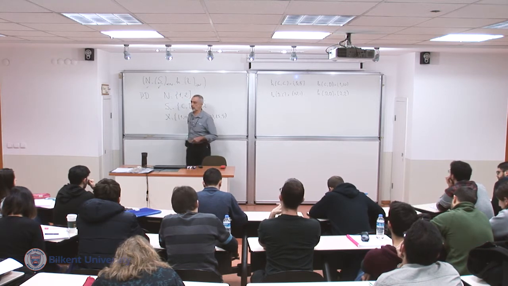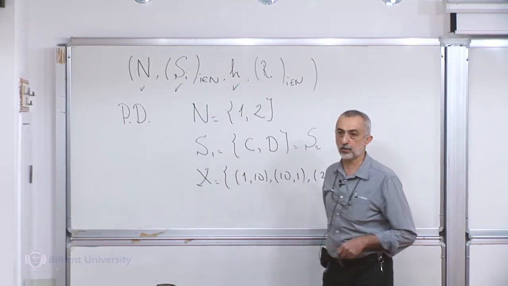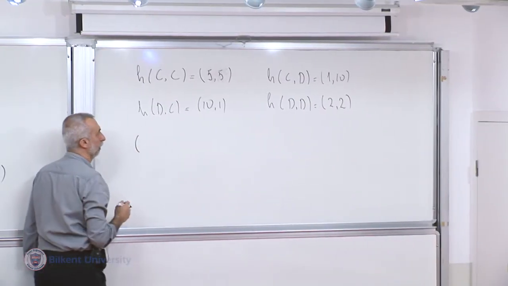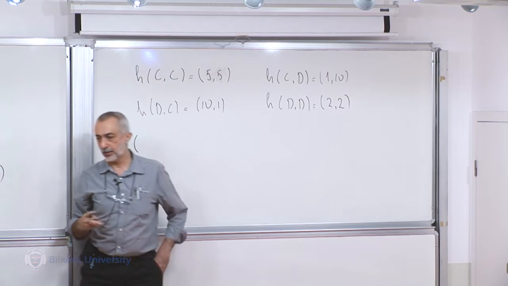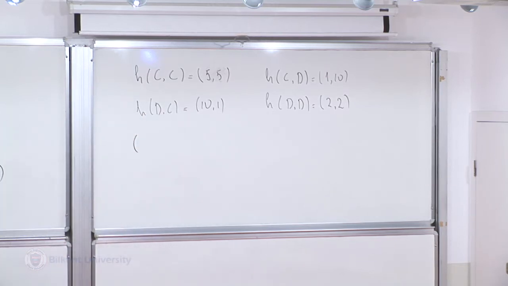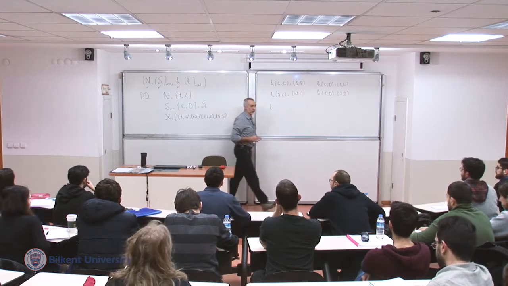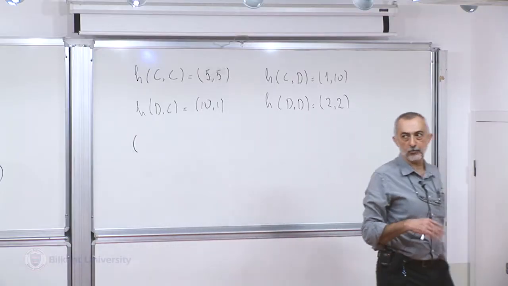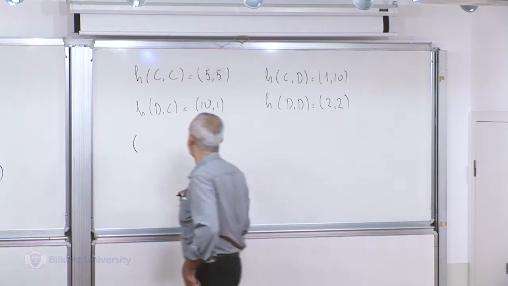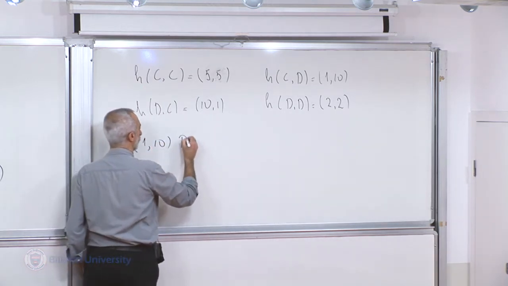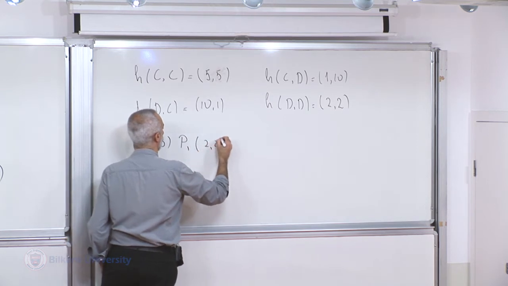We specified the strategy set. We specified the outcome function. So preferences. The story told us that each suspect cares only about how much he is jailed for and prefers a lesser jail time to a longer one. So that implied that player 1 prefers the outcome (1, 10) to the outcome (2, 2).